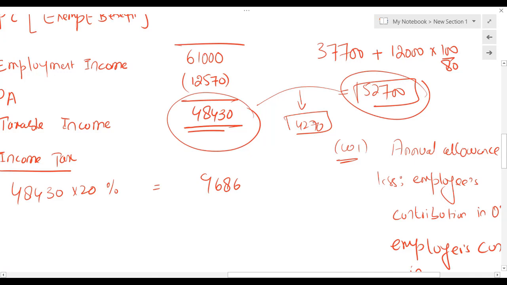Actually, I have to calculate income tax on the annual allowance charge, which is 25,000. But out of that 25,000, 4,270 actually falls in the basic rate band because we do have a limit of 4,270 in the basic rate band. And all of the amount over and above 4,270 falls in the higher rate band.